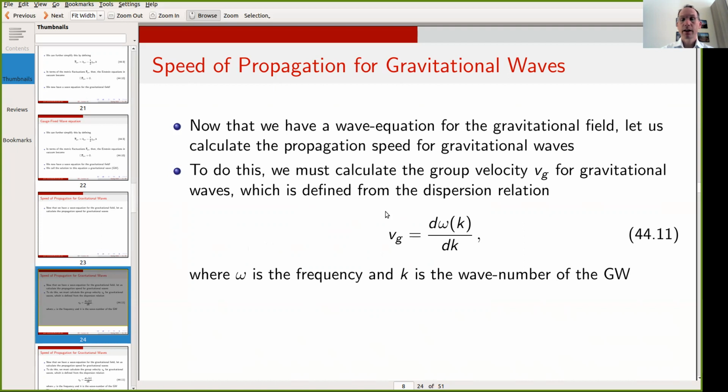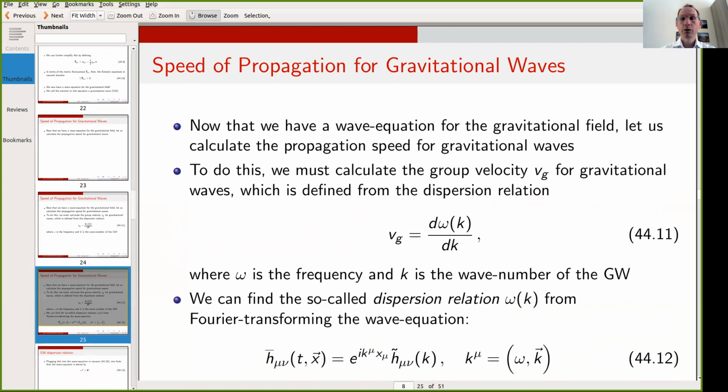Now, that just says that if we have the dispersion relation, we can calculate the group velocity, but we haven't calculated the dispersion relation yet. We can do this fairly easily by going to Fourier space. So we transform the metric field fluctuation h bar to Fourier space. The Fourier-transformed fluctuation is called h tilde, and we have a 4-wave vector combining the frequency and the wave number in space.